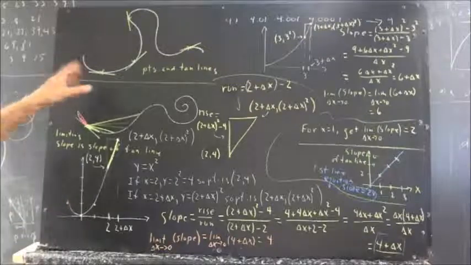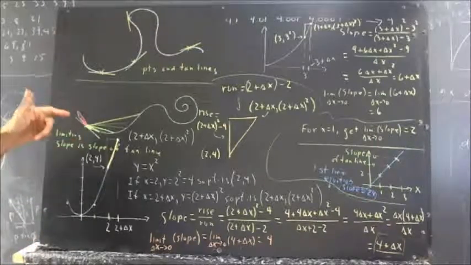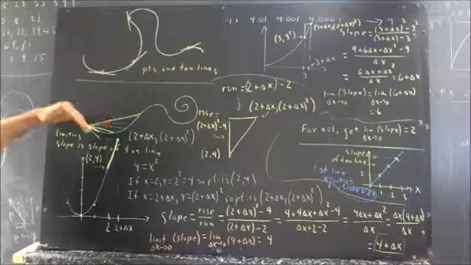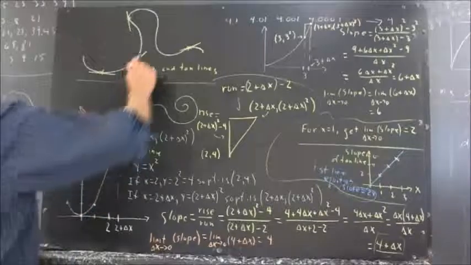Okay, so this is just the idea that we can draw tangent lines, and we can get the slope of any tangent line by taking the slopes of a series of secant lines as they approach the slope of the tangent line. Could have done something very similar up here.